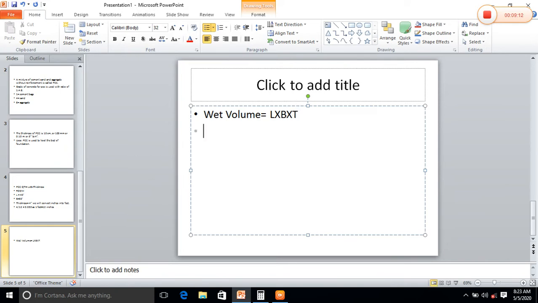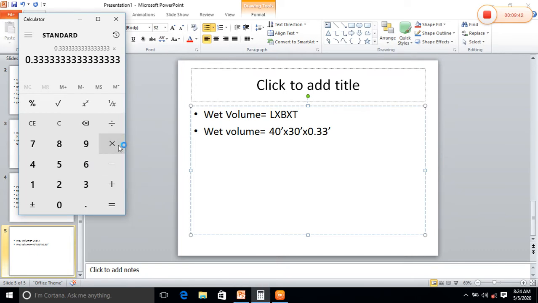So volume will become 40 feet into 30 feet into 0.33 feet.